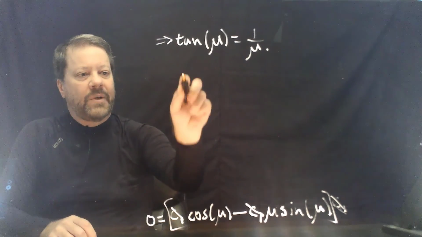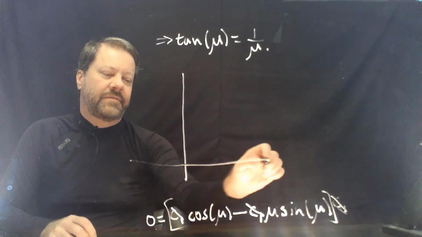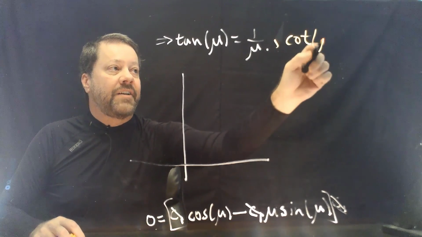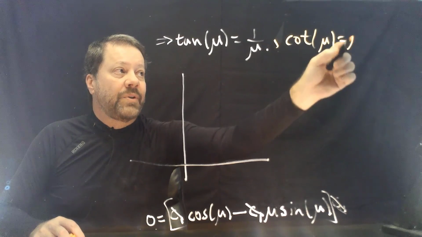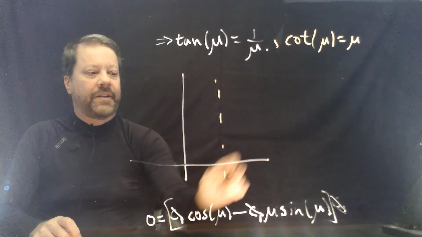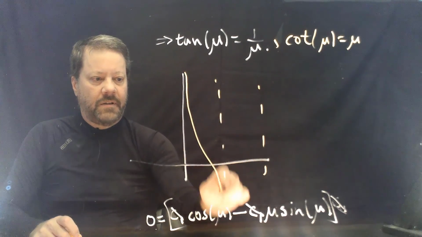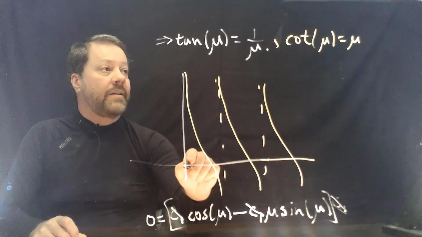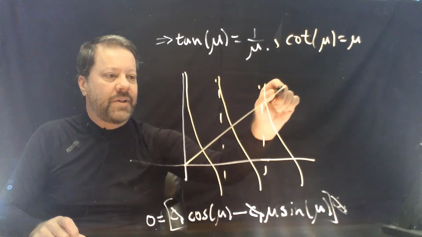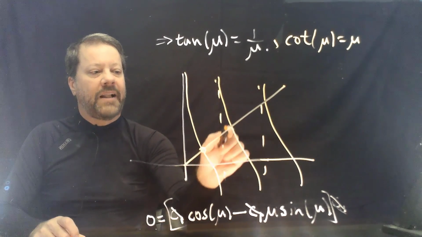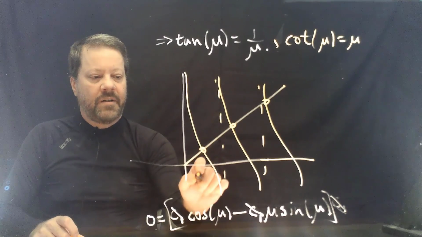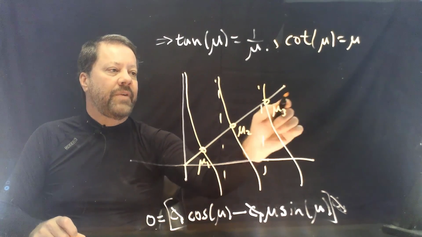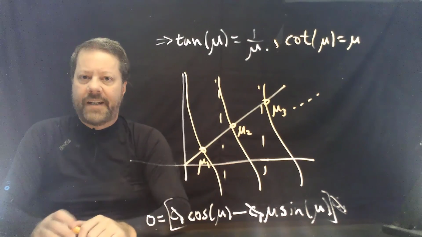Well, where do these functions intersect? Perhaps a better way of looking at this is cotangent of mu equals mu. The cotangent function looks like this, and the function y equals mu comes off at a 45-degree angle, and we'll have points of intersection, mu1, mu2, mu3, trailing off to infinity.